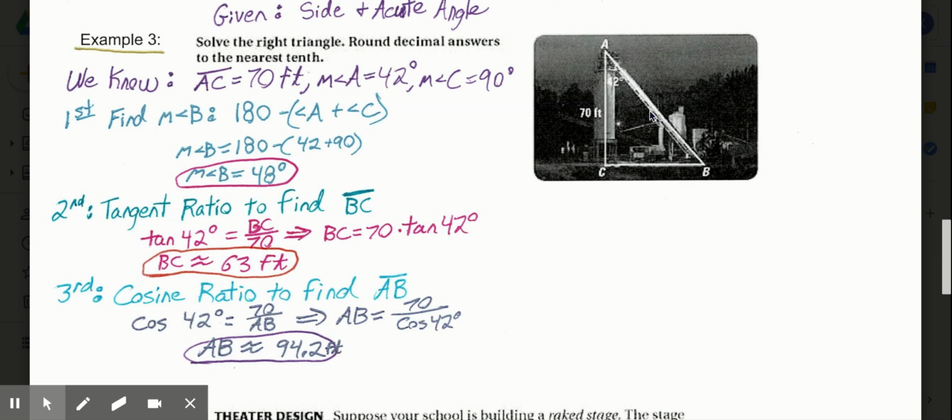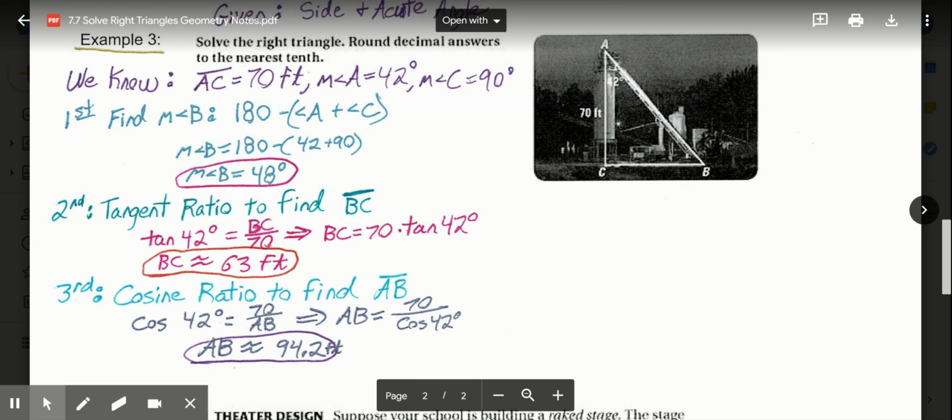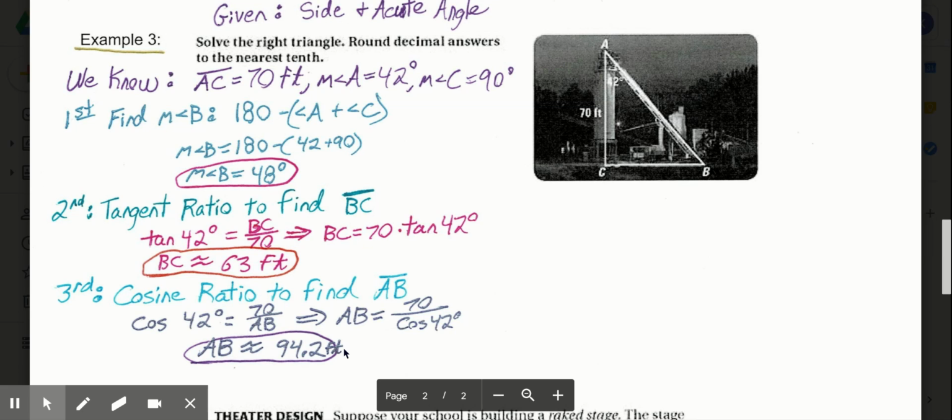So when we rearrange to solve for AB, we'd end up multiplying both sides by AB, then dividing by the cosine of 42. So AB is 70 over the cosine of 42. So AB is approximately 94.2 feet. So based on the two angles and one side we knew to start, we now found our third angle and our other two missing sides.